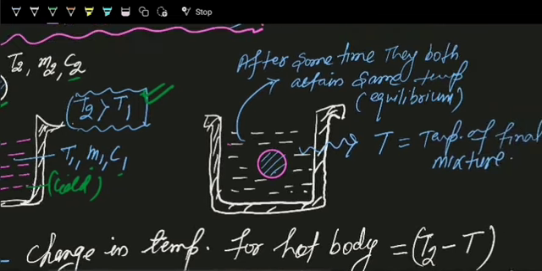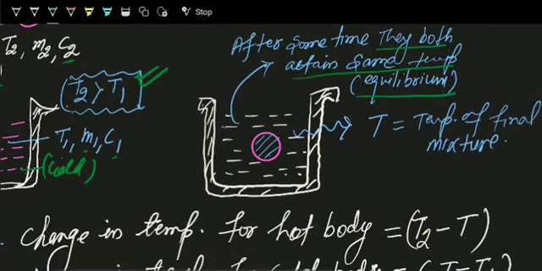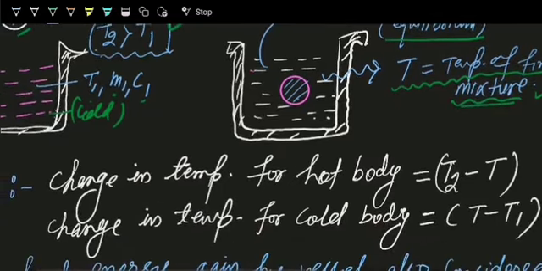I have written that after some time they both attain the same temperature, that is equilibrium. At that time there is no heat transfer. I have considered this temperature as T, which is the temperature of the final mixture, the temperature attained by both the objects after some time.